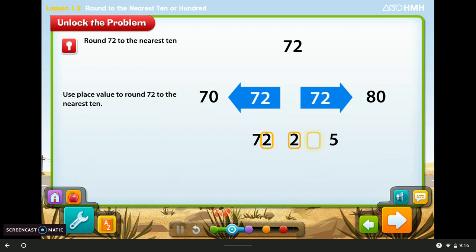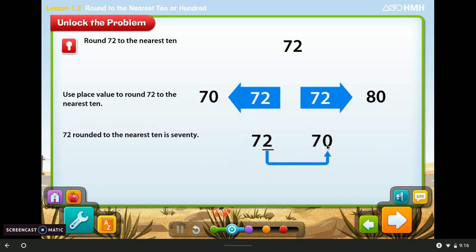So 2 is less than 5, meaning 72 is going to round to 70. Does that make a little bit of sense? The 2 is going to turn into a 0 because 2 is closer to 0. It's closer to the 70 that we just passed. So 72 rounded to the nearest 10 is 70.